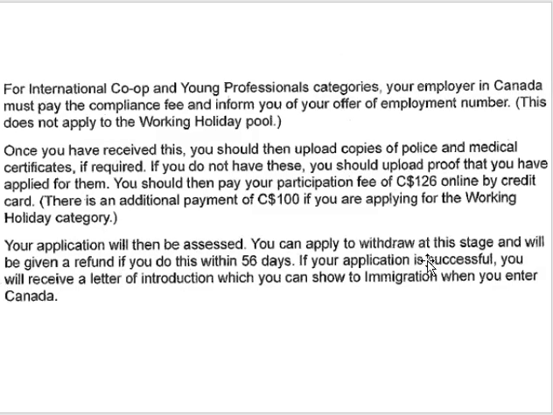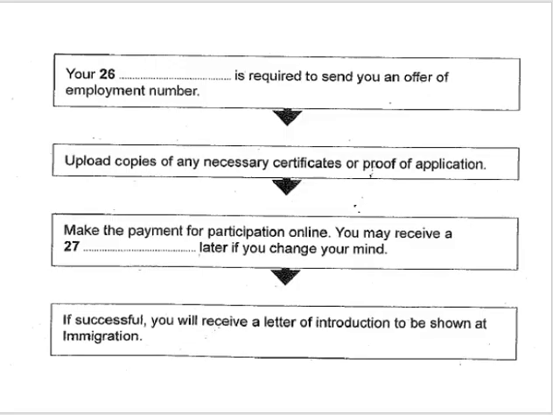You can apply to withdraw this. Withdrawing is nothing but changing our mind, and you will be given a refund. So what will we receive? You will receive a refund later if you change your mind. So answer is refund.